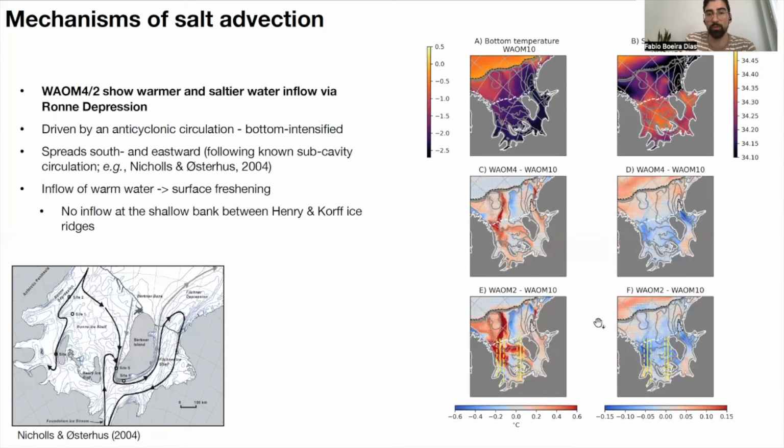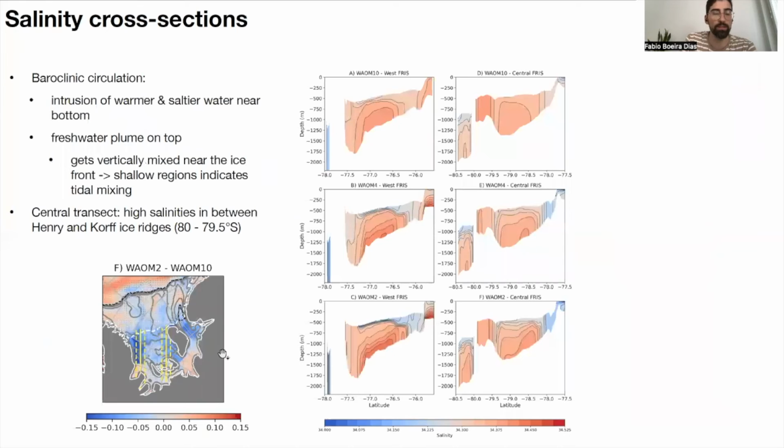Then you look at these two transects, one in the west and one in the central part of the Ronne ice shelf cavity. These are salinity cross sections. You see that the inflow of warm salty water follows a baroclinic circulation, where you have this salty water at the bottom, and the melting creates a freshwater plume on top. So it is a pretty stratified profile.